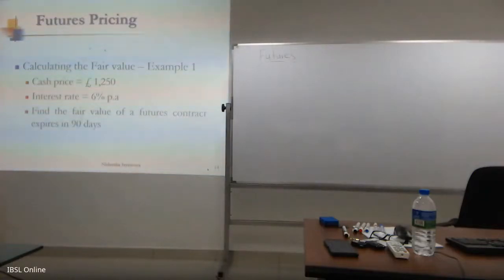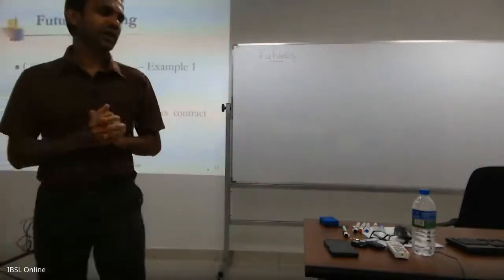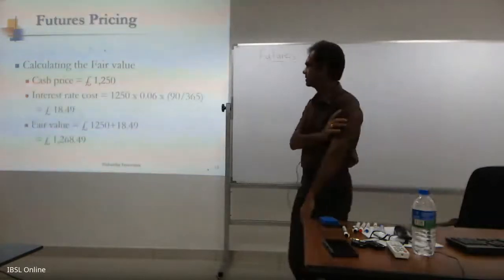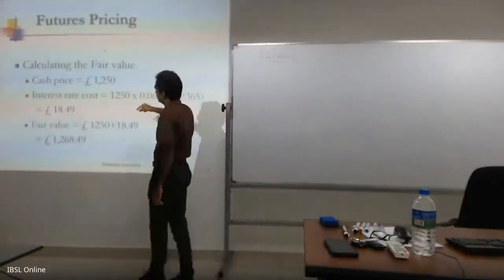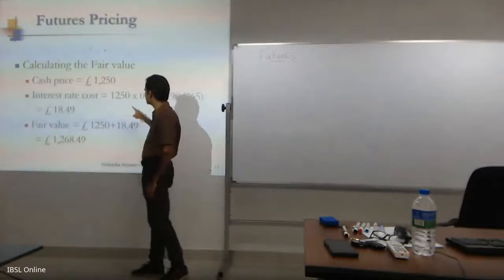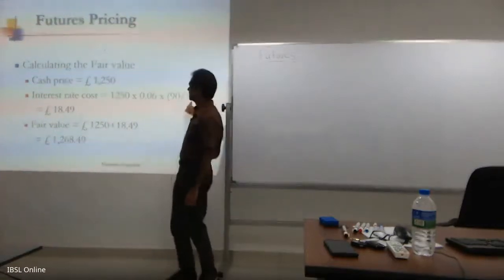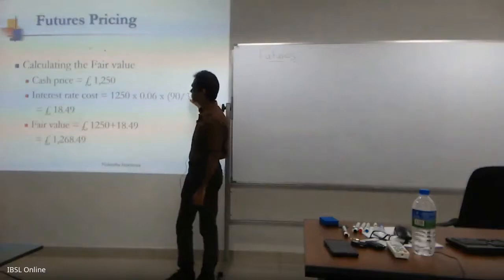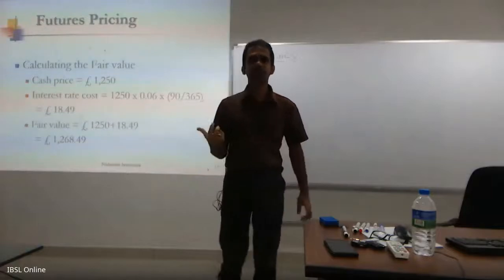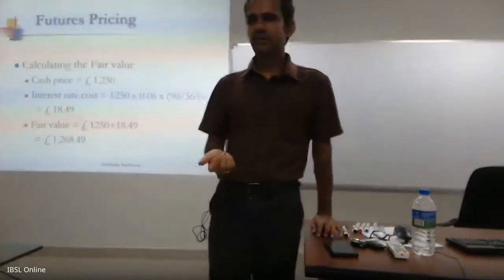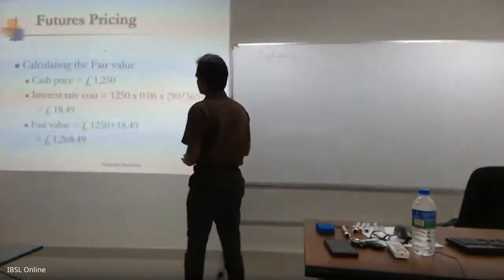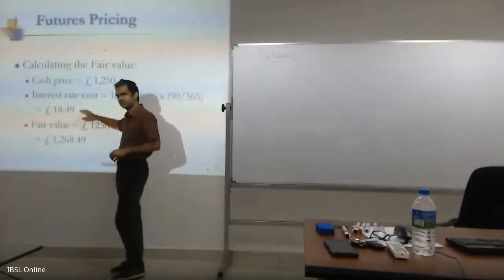So based on that, what could be the fair value of a 90-day futures contract? Cash price is 1,250. Interest cost on that 1,250 for 90 days would be 90 over 365. Remember, this is 365 because it's in sterling. The UK money market day count convention is 365 days per year. So there will be an interest cost of 18.49.